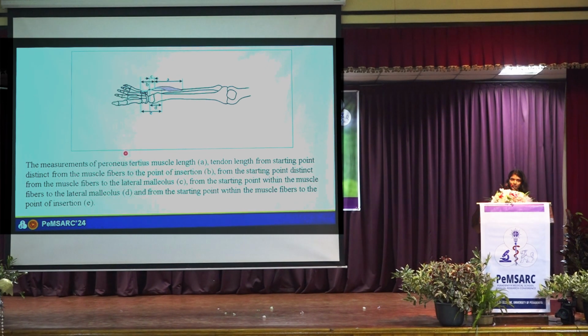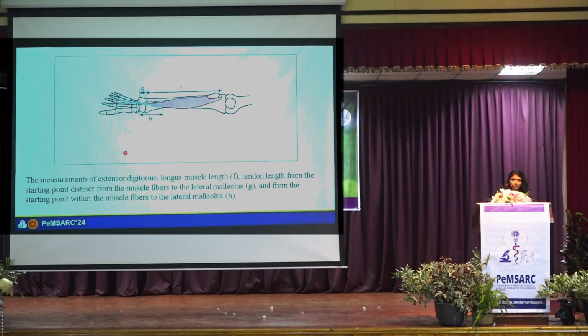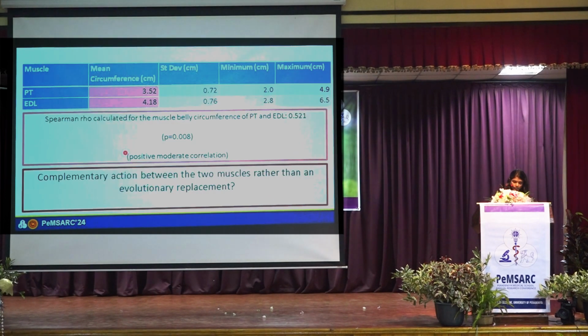If you are interested, you can read about this in the Sri Lanka Anatomy Journal. So these are the measurements we took of the extensor digitorum longus. So then we compared the muscle belly circumferences of the peroneus tertius and the extensor digitorum longus.